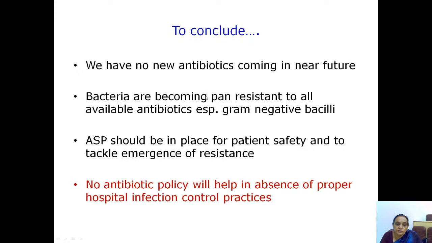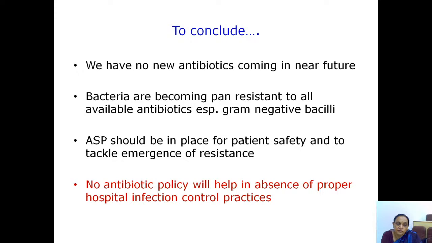So to conclude, since we have no new antibiotics coming in the near future, we have to use whatever is available very judiciously, carefully, and we also understand that bacteria are becoming pan-resistant. So all available antibiotics, especially in the gram-negative bacilli, with examples, you know, Klebsiella, Acinetobacter, Pseudomonas, Enterobacter, E. coli.